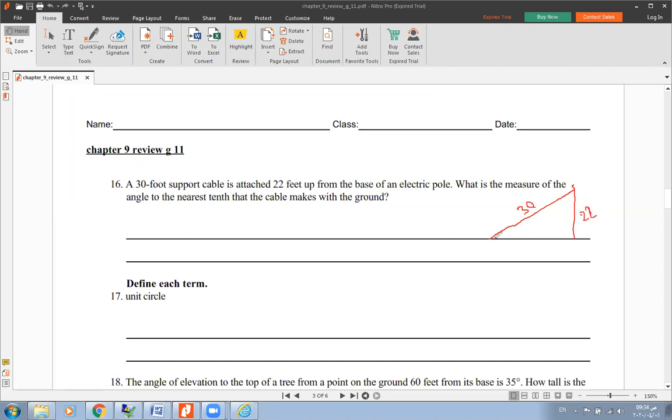The angle measure. Okay. For example, this angle, I name it theta. So theta equals what? How can I get theta? We use one of the trig functions.